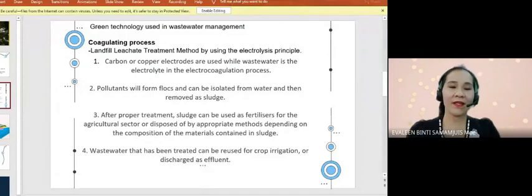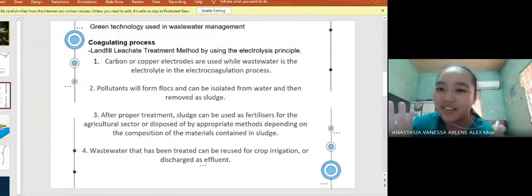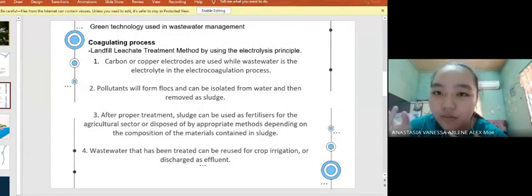The green technology used in this water management is called the electrocoagulation process. Electrocoagulation is a landfill leachate treatment method using the electrolysis principle. Carbon or copper electrodes are used while wastewater is the electrolyte. Then pollutants form flocks, can be isolated from water, and are removed as sludge.